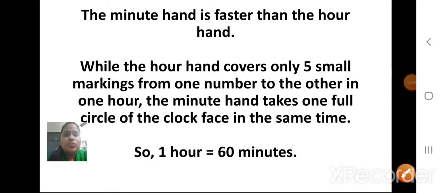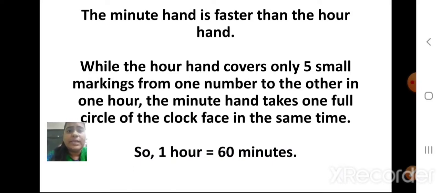Children, you know the minute hand is faster than the hour hand. While the hour hand covers only 5 small markings from one number to another, in 1 hour, the minute hand takes one full circle of the clock face in the same time.